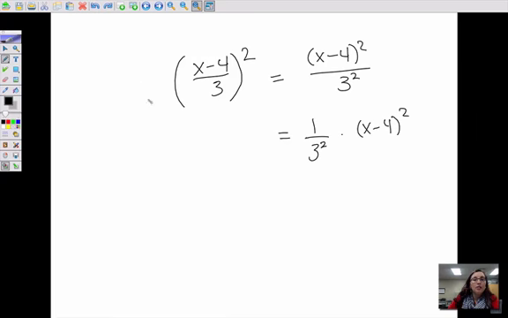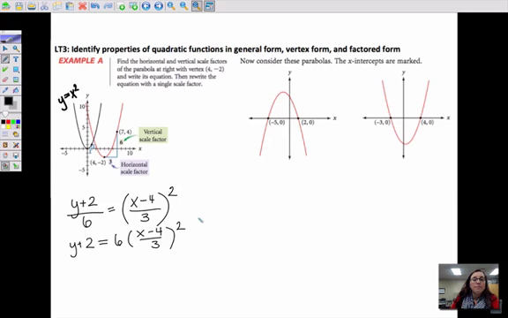So what I'm going to do is pull that 3 squared out in front so that I can have the whole coefficient in the front and just the x minus 4 inside. So I'm going to put the 6 over the 3 squared, and multiply that by x minus 4 squared. So I just took that 3 squared and pulled it out front, kept it in the denominator.